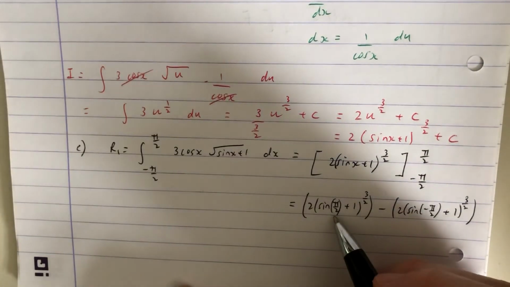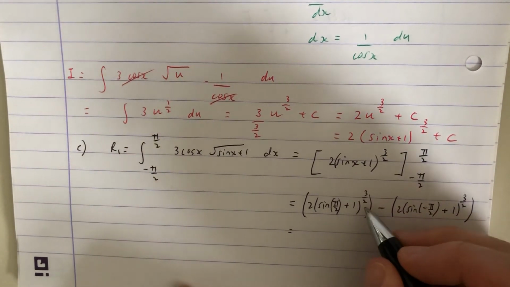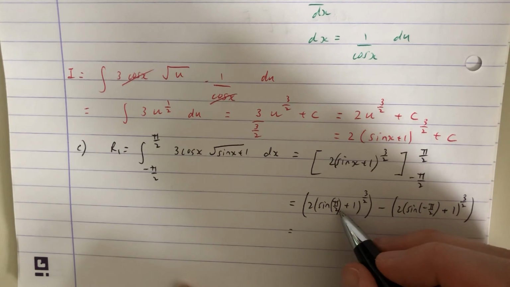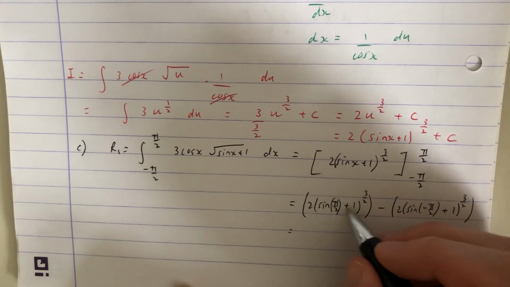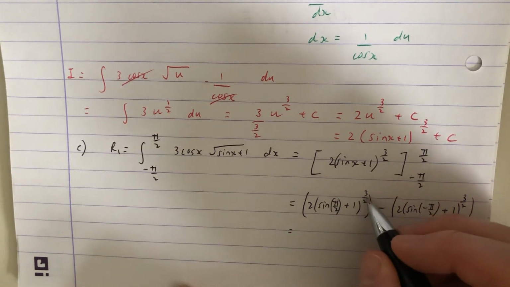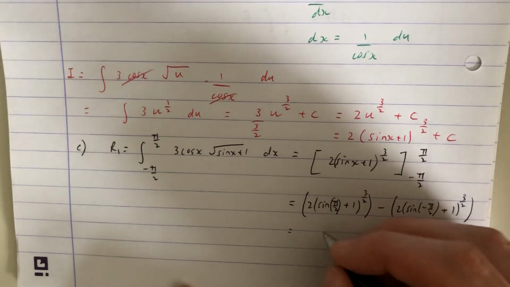Okay, sine pi by 2 is 1, so it'll be 1 plus 1 to the power of 3 over 2. So that term would be 2 root 2 cubed, which is 2 root 2 times 2, so 4 root 2's.